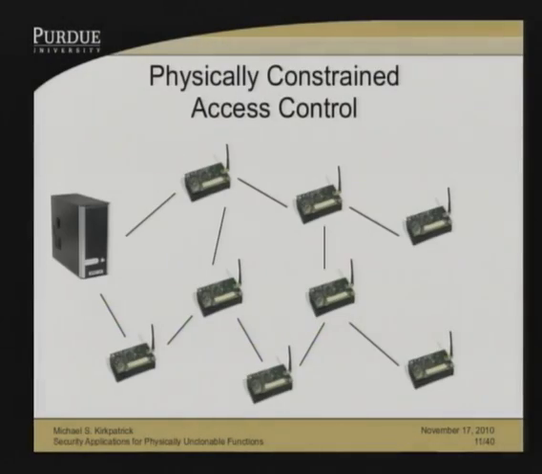Okay, so let's look at the first work. So the idea here for physically constrained access control, we sort of started with the assumption of, let's look at, say, embedded systems. And if you have something like a wireless sensor network, you want to communicate securely between a server and one of the devices.